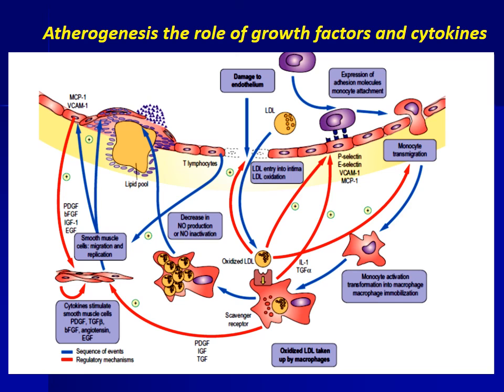For instance, the expression of MCP1 and VCAM1 may be stimulated by signals generated by the macrophages as well as by oxidized LDL. Vascular smooth muscle cells may be stimulated by the dysfunctional endothelial cells, by macrophages, and by T lymphocytes. The hormone angiotensin II also participates in these processes.